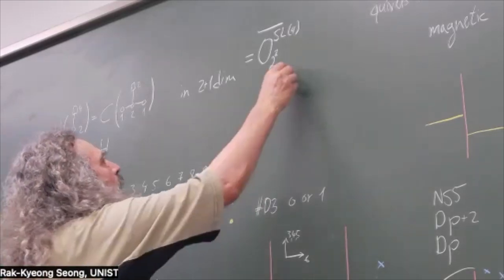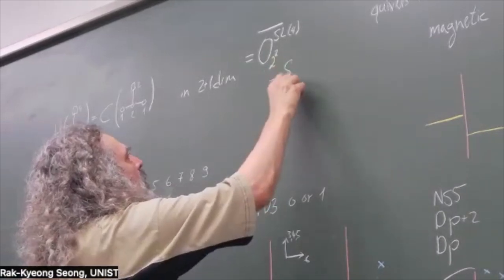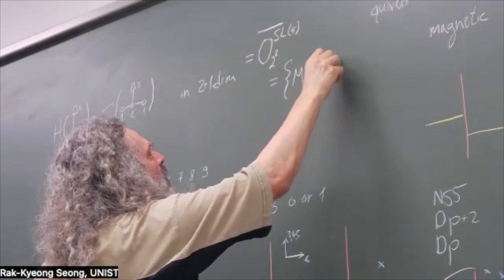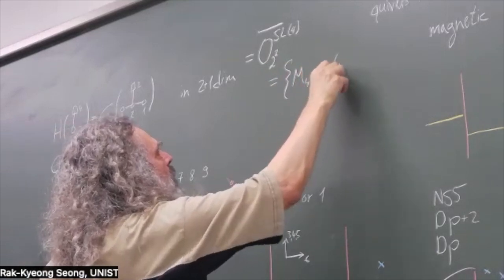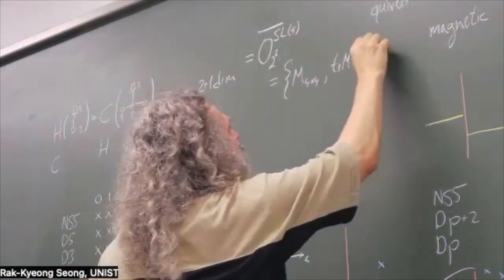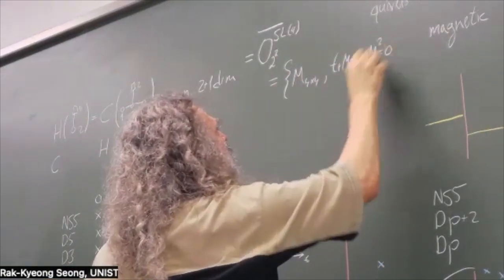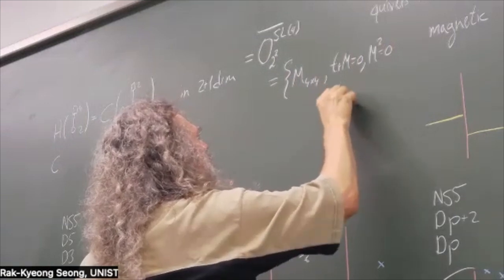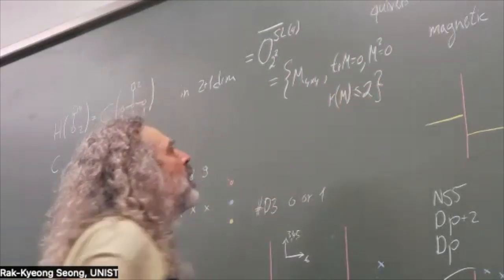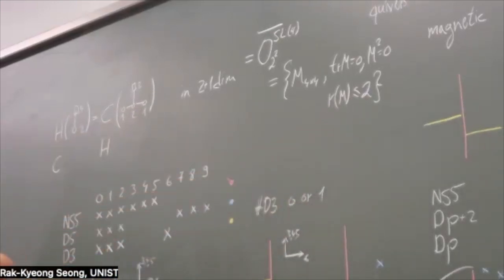Yeah, so I wanted to write that this is the set of 4 by 4 matrices which have 0 trace. They square to 0. And the rank is at most 2. If it was equal to 2, then this would be the orbit itself.